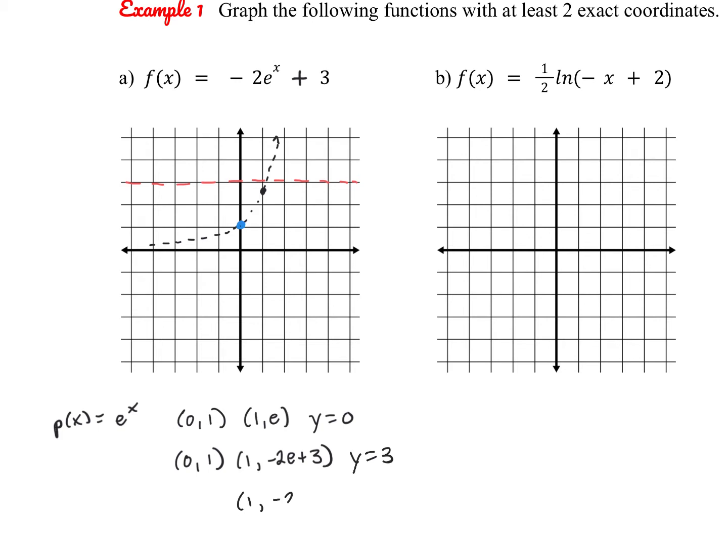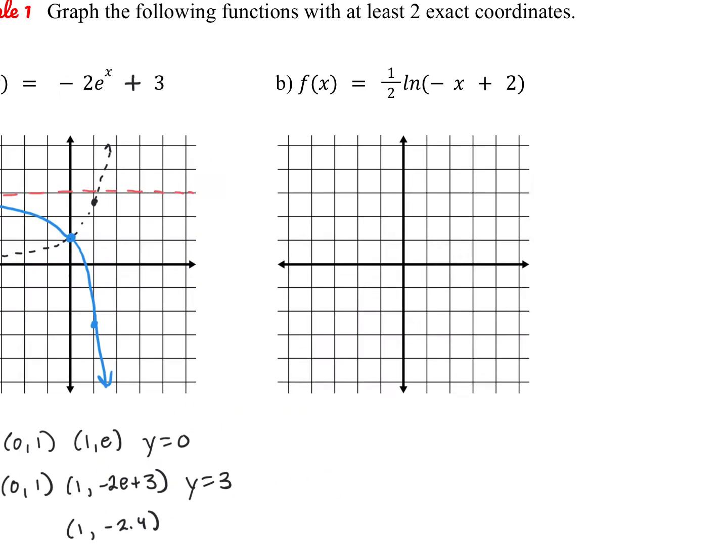It's about negative 2.4. So (1, negative 2.4), so right around here. And our graph is going to look like this. So now it's a decreasing graph due to that vertical reflection that we see. So here we have a pretty accurate graph just from transforming two coordinates and our horizontal asymptote.